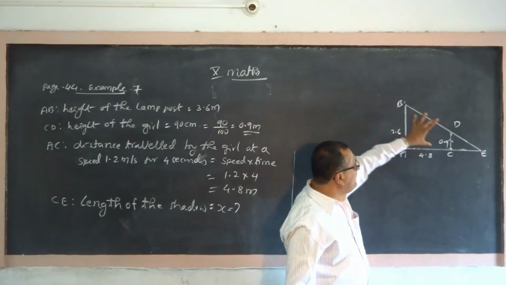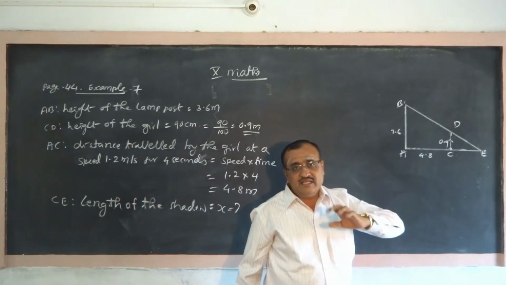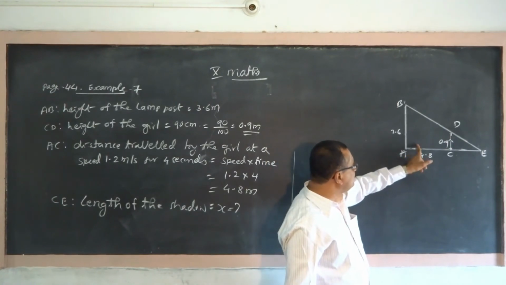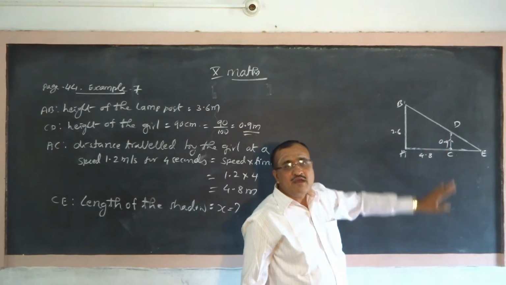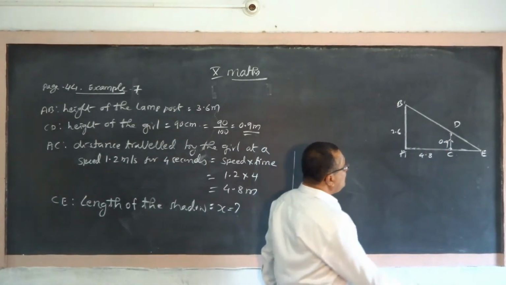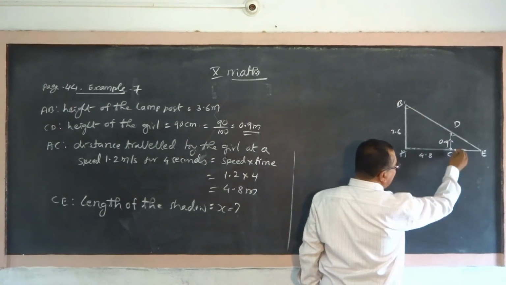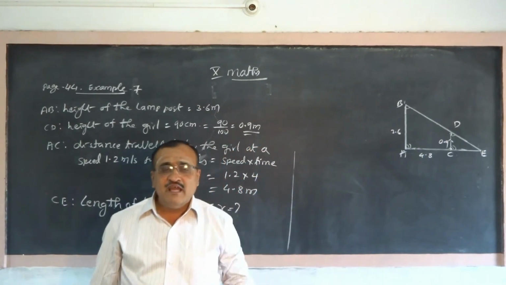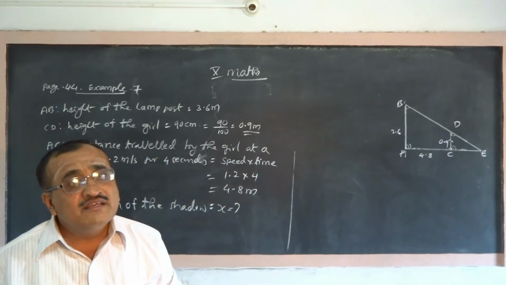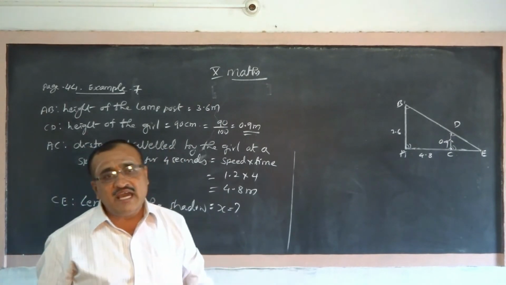You know that AB and CD are standing vertically to the ground. Hence, this is 90 degree, 90 degree. These two are parallel lines. When it is so, these two angles are equal. Angle B equals angle D. Angle C equals angle A, corresponding angles. Hence, those two triangles are equiangular. According to AAA criterion theorem, they are similar.